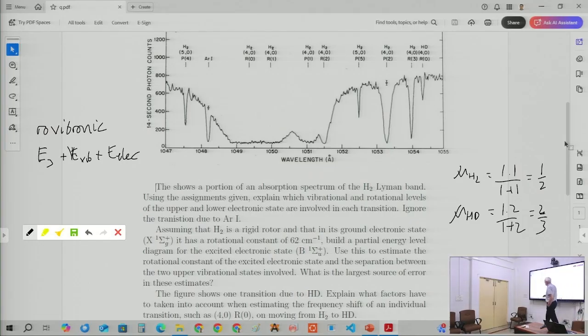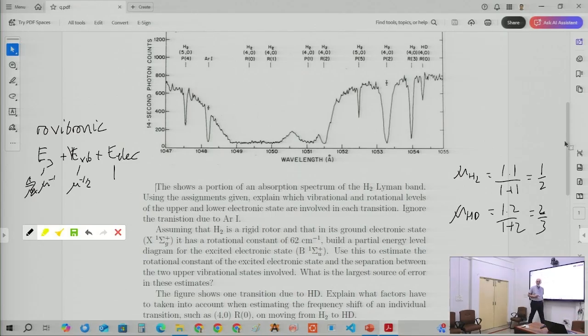Do you remember how the rotations depend on the reduced mass? Inversely, yep. So this depends on 1 upon mu, the ratio of the mu's. How about the vibrations? Square root, that's right. So let's call this mu to the minus 1, and this is mu to the minus a half.